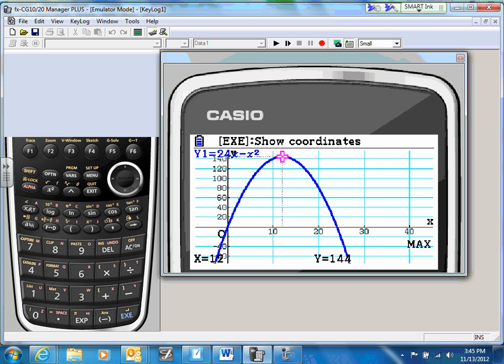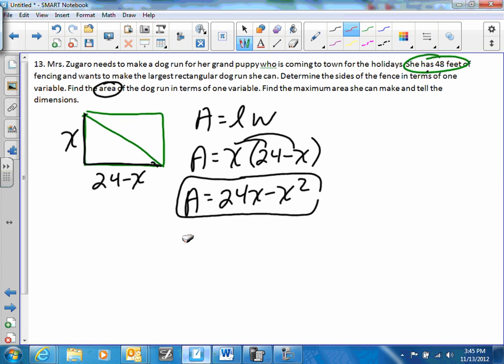So notice, at a length of 12, you'll have a maximum area of 144. So when x is equal to 12, you'll have an area of 144 square feet. All right, and that's what we were looking for.